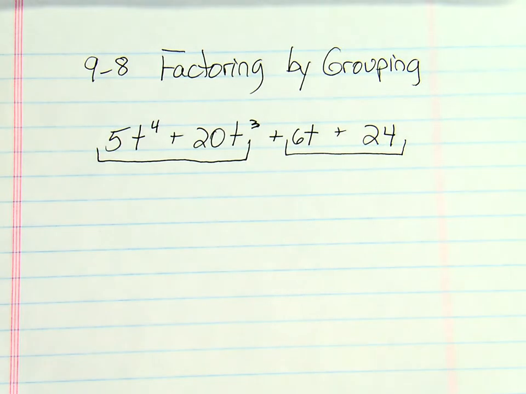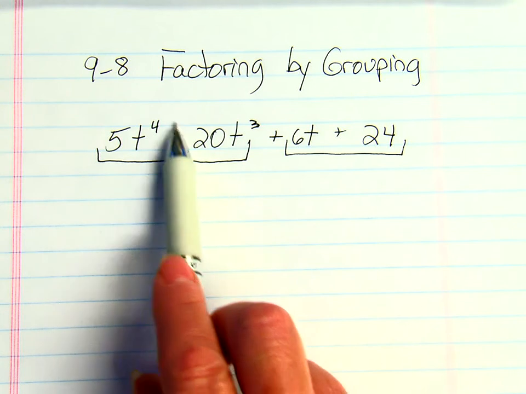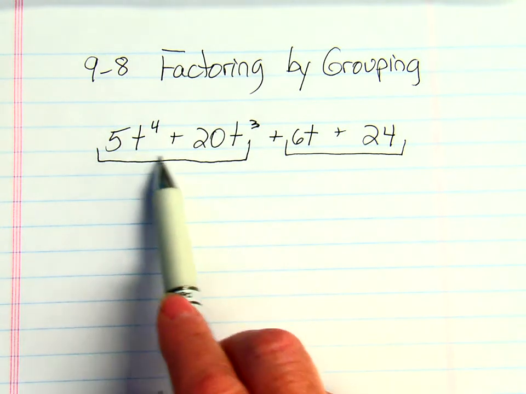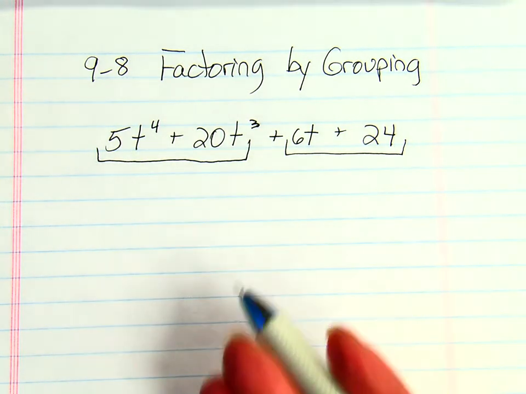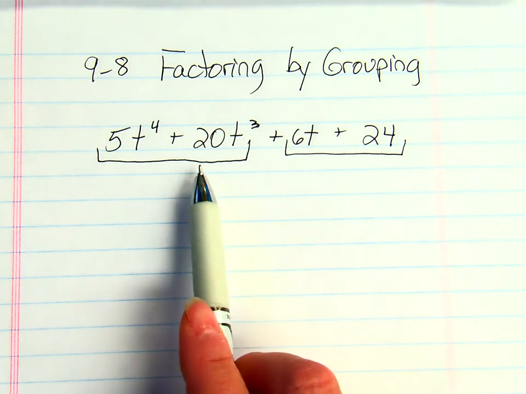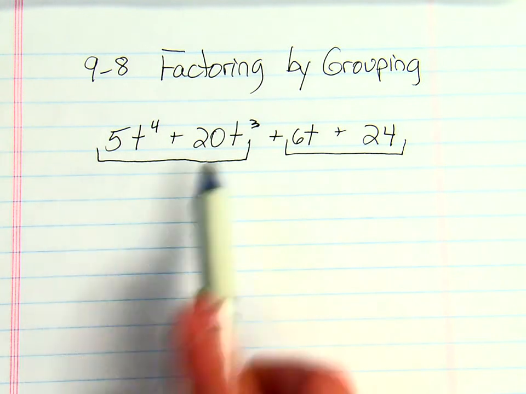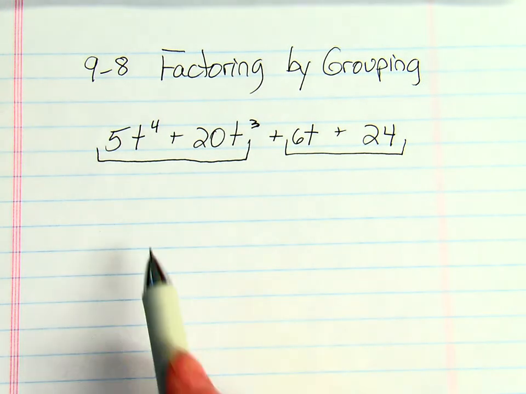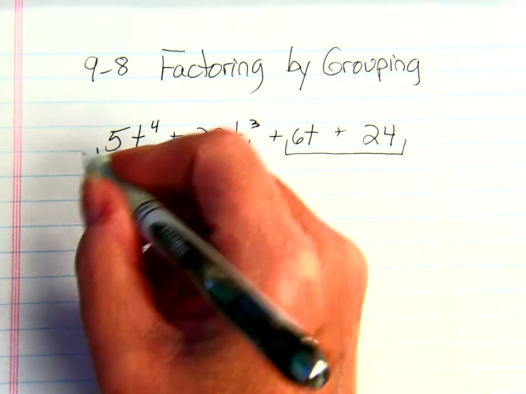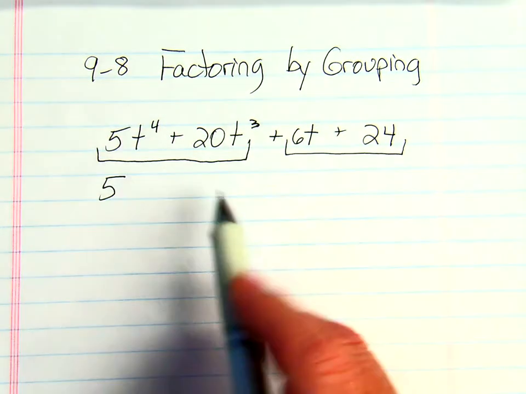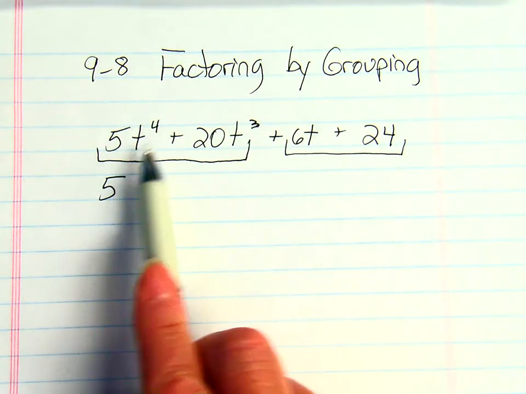It makes sense. So what we're going to look at with this is what can I pull out of here? What monomial can I factor out of this binomial? We're just looking at this binomial here. I know that I can pull out a factor of 5, and here I've got 4 t's, and here I have 3.